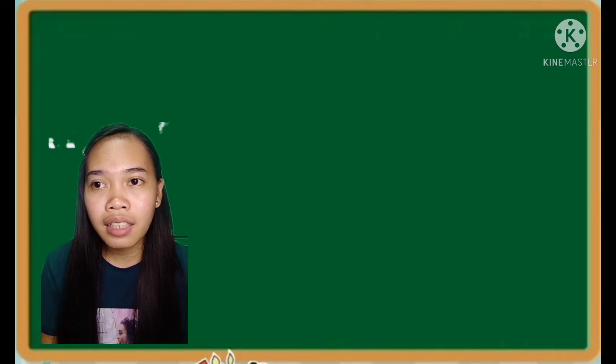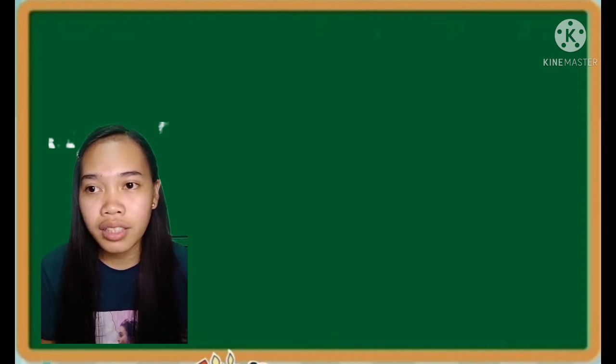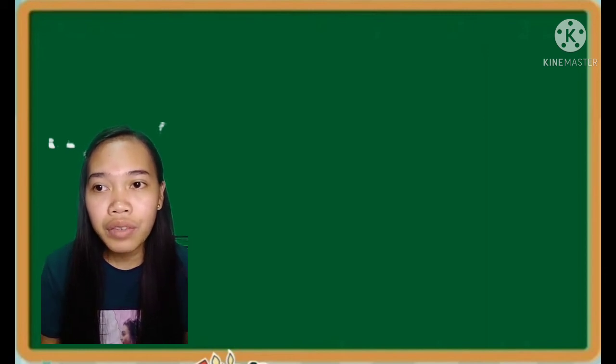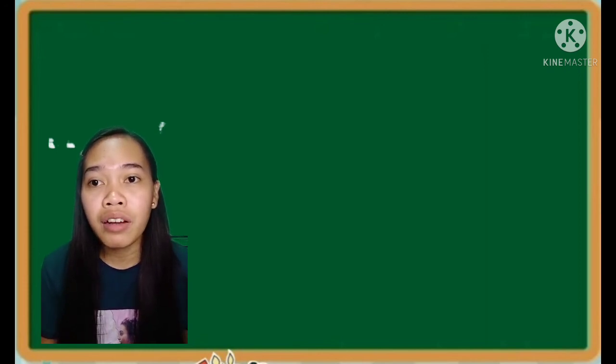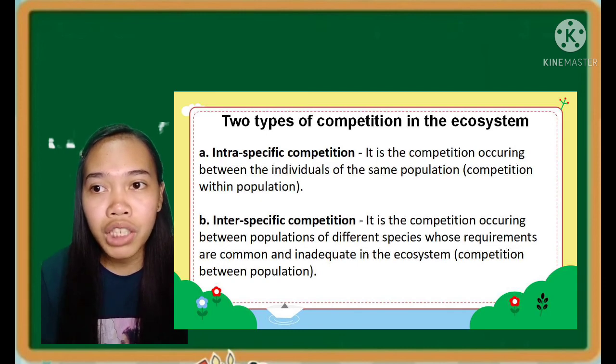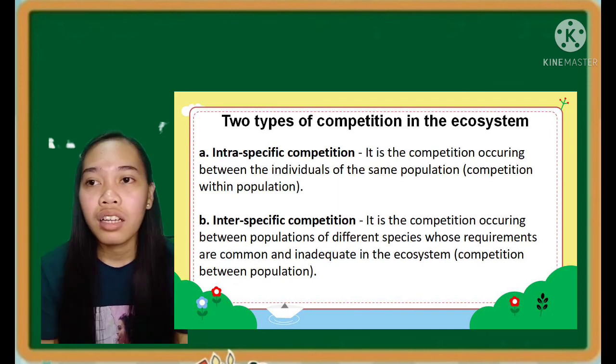The resources in the environment for which the individuals compete include raw materials for life such as water, light, and nutrients, space for occupying, and selection of mates for sexual reproduction. The competition in the ecosystem may be of two types: intraspecific competition and interspecific competition.